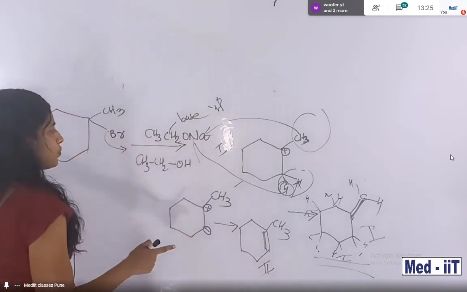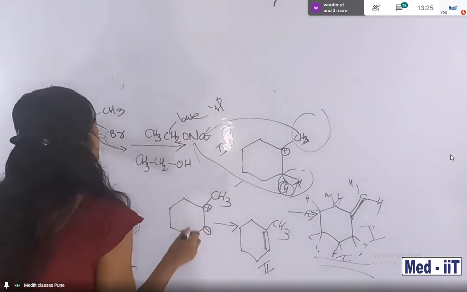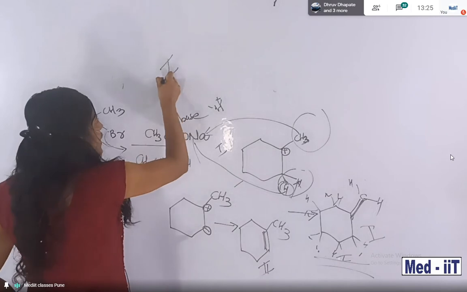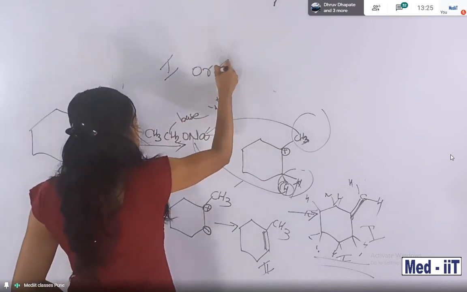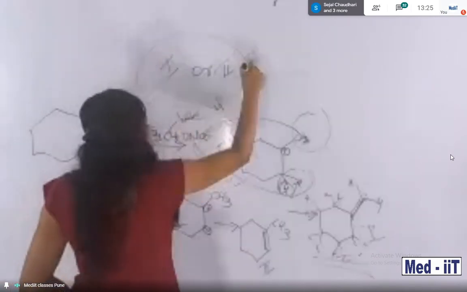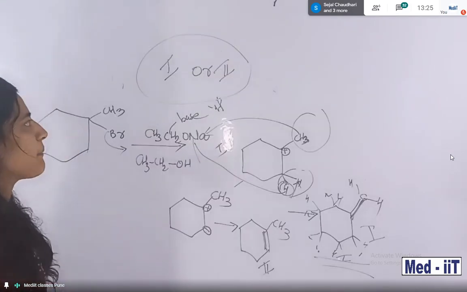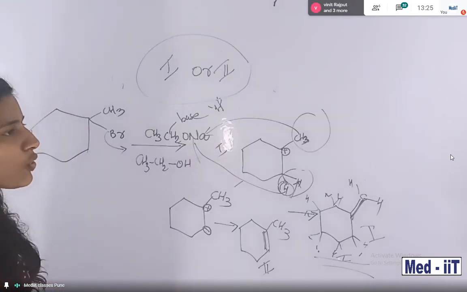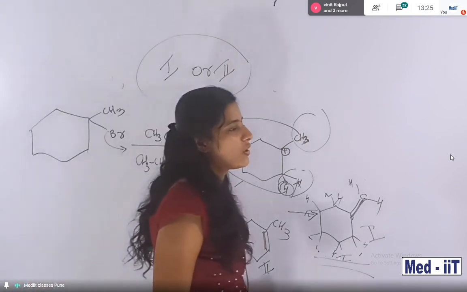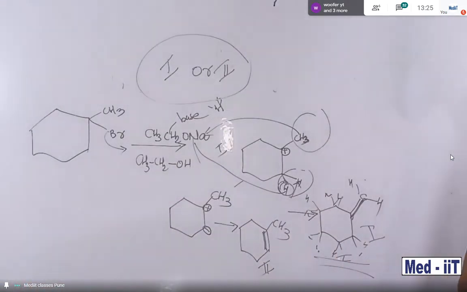Out of the two, this is your duty: tell me which one is major, 1 or 2, and which method you chose for determining the majority. We already discussed one rule. What is the name of that rule, and which one is major?